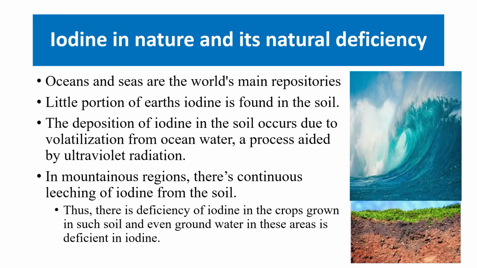In mountainous regions, because of continuous leaching of iodine due to rains, melting of glaciers, and flash floods, there is deficiency of iodine in the top layer of the soil, which leads to deficiency of iodine in the crops grown in those areas. However, the coastal regions have a good amount of iodine in the surface of the earth.